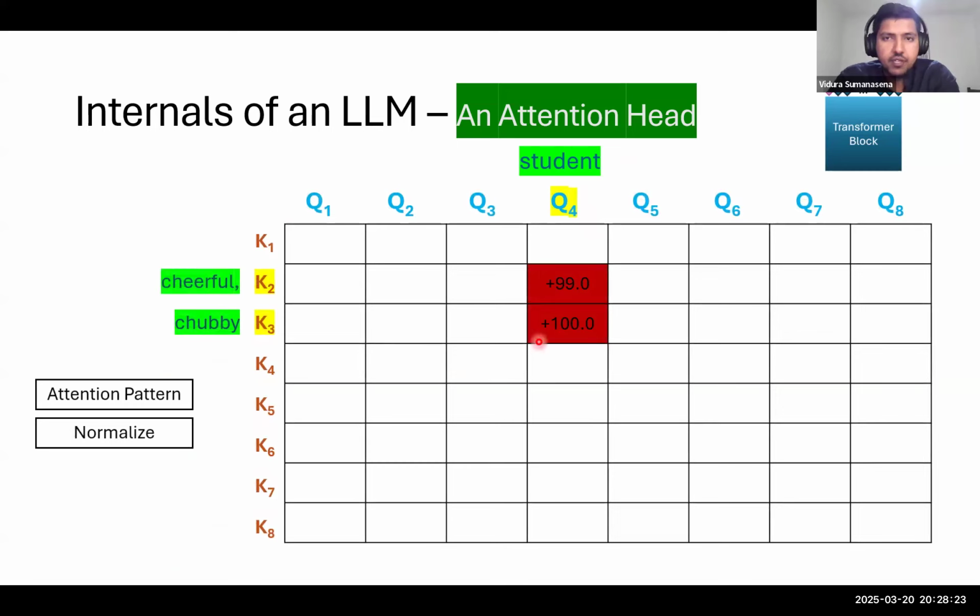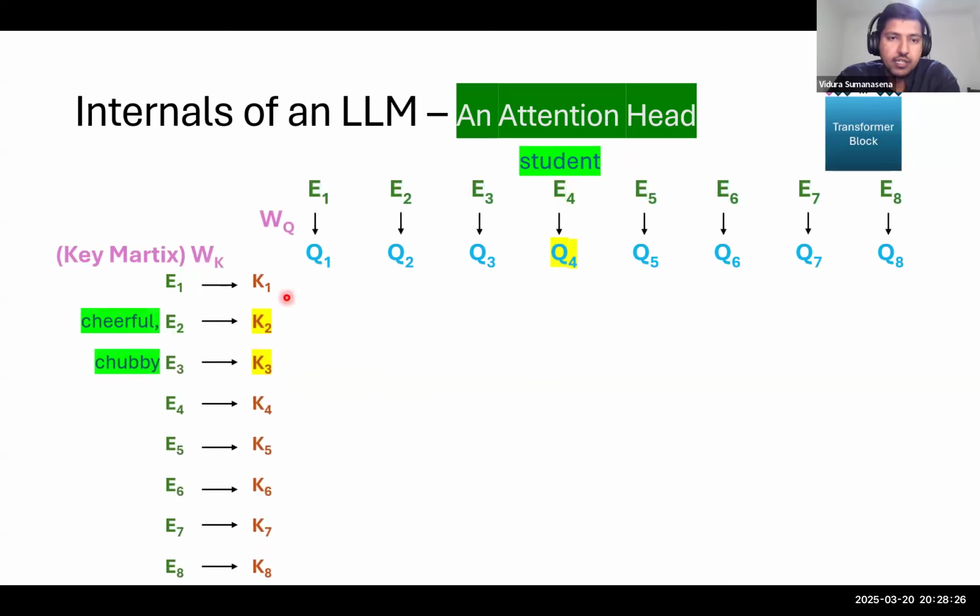So we have something like this. The idea here is that these matrices, WK and WQ, are trained so that, for this specific question, are there any adjectives before me, the query and the vectors generated after passing the embeddings through the key matrix will have high dot products, or similar vectors.